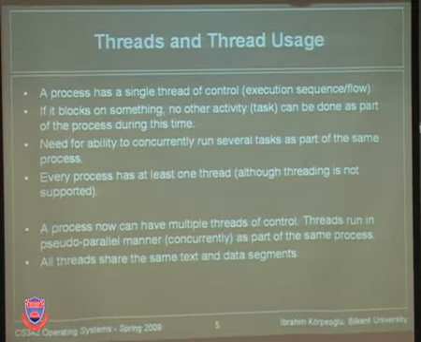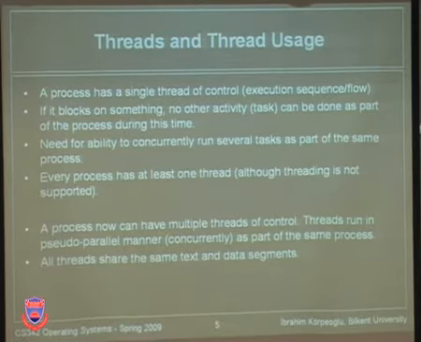Okay? So all these threads can work as part of the same application, as part of the same process, which is the Excel that you are running, for example, okay? A spreadsheet program. So it's a good thing to have threads so that we can have several activities going on as part of the same process instead of just a single activity.